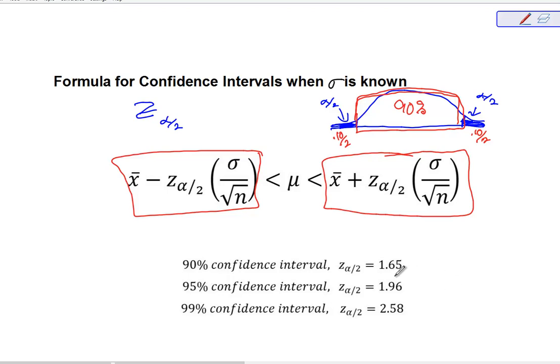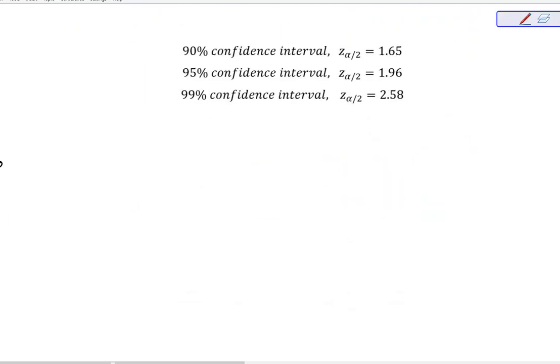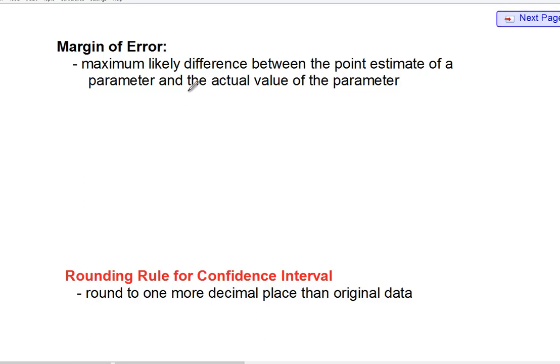And I give you the z-scores for both of those. 1.65, 1.96, and 2.58. There will be others that we can use, and we'll get into how we can use those in a few moments.